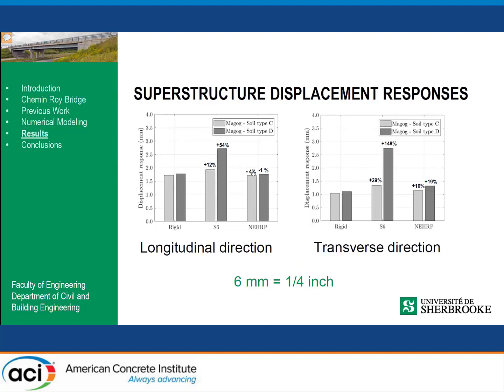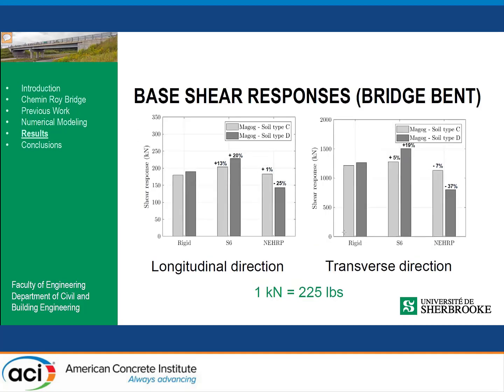But when you add damping, it is interesting to see that you come back closer to the model on a rigid foundation, which is kind of normal. You're adding damping, so it's a bit less severe, I would say. But I would like to note that even though 148% might look like a lot, you are still in the range of 3 millimeters. So it's not that much, okay? I would like to remind that it's a low to moderate seismic zone.